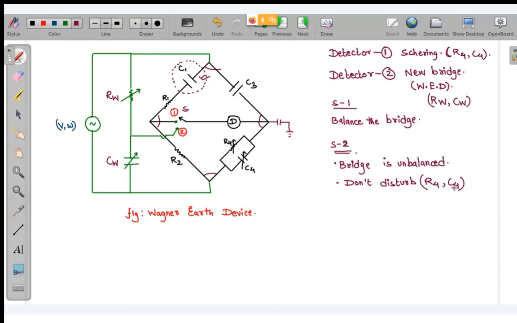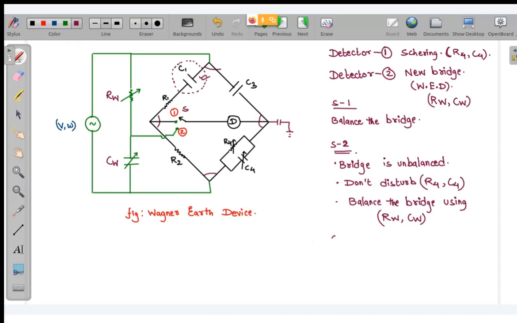Don't disturb R4 and C4, balance the bridge using RW and CW. Is it clear? So I balance this whole bridge using RW and CW. Now this bridge is also balanced.